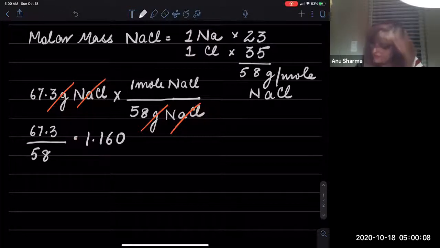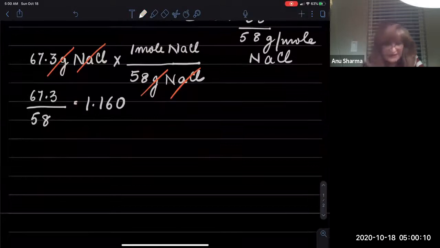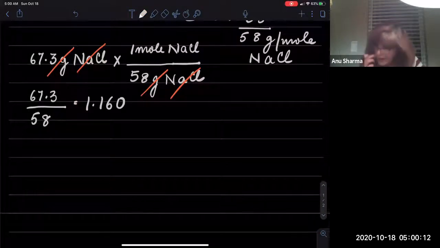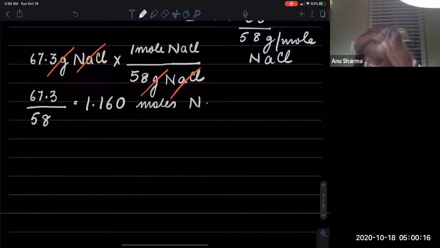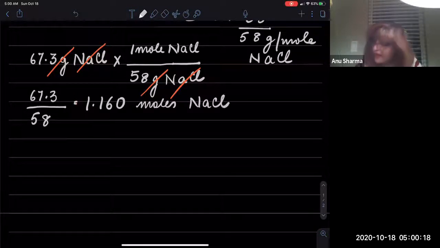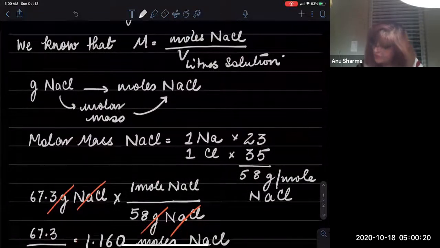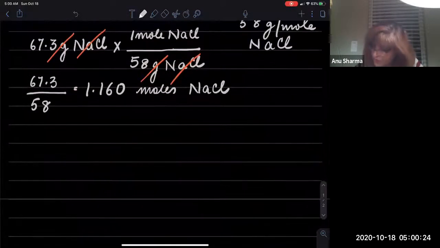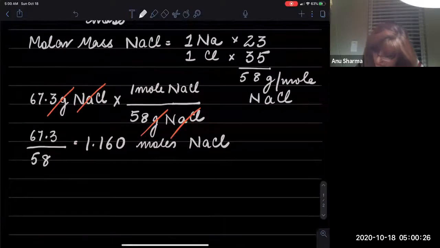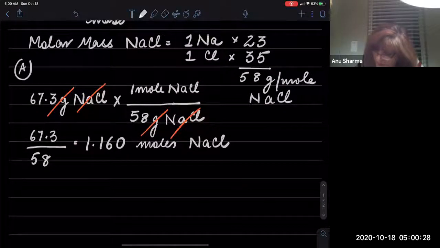This is the number of moles of NaCl. Next we are going to find the volume, because now we are given the molarity. So this is the first step, and now you take the second step.